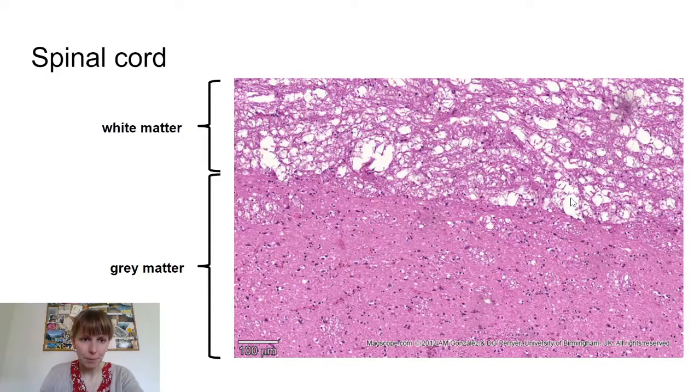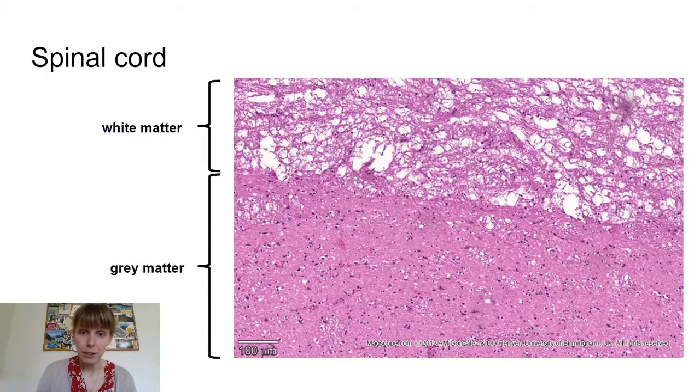Why is that? Because the myelin that is covering all the axons is a very fatty compound. It's something like lipid. So it's the same situation as we had, for example, with white adipose tissue. When you prepare the slides, it washes away. So in these holes you had a lot of the myelin around the axons.